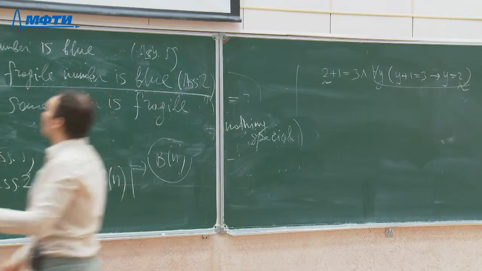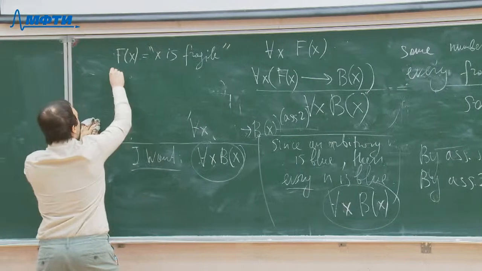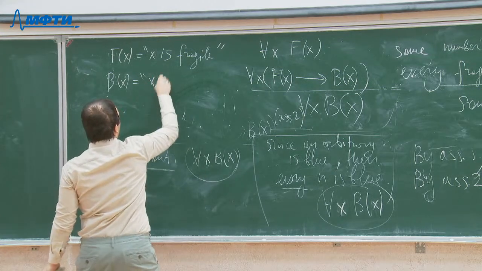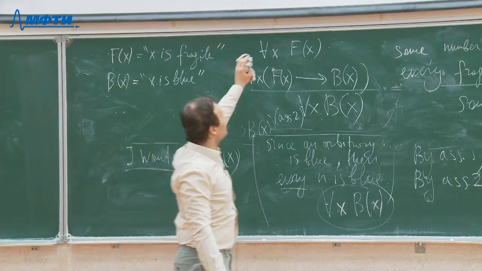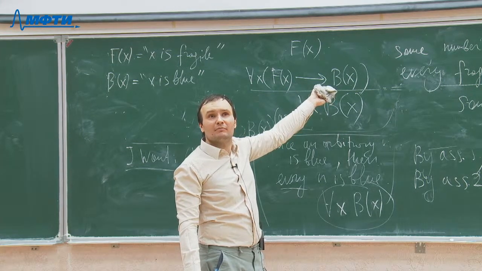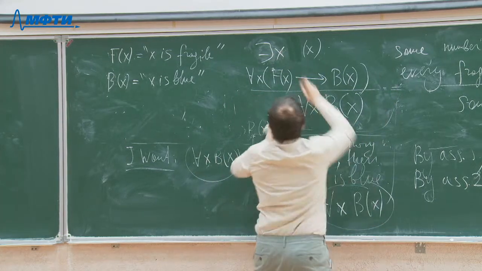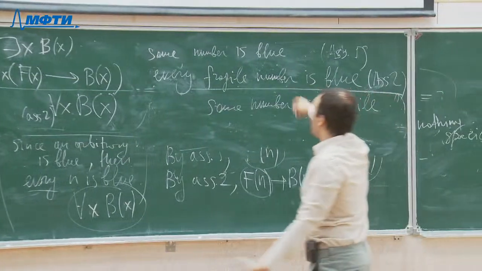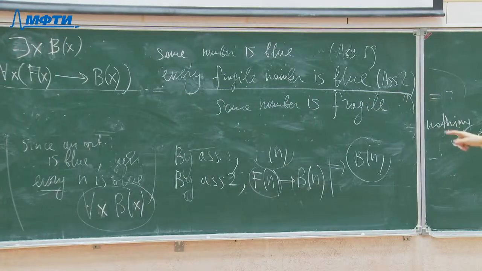Now, let's formalize our assumptions. By the way, b of x, as it was previously, means that x is blue. Our first assumption is what? Some number is blue. What does it mean? There is a number which is blue. And our second assumption hasn't changed.